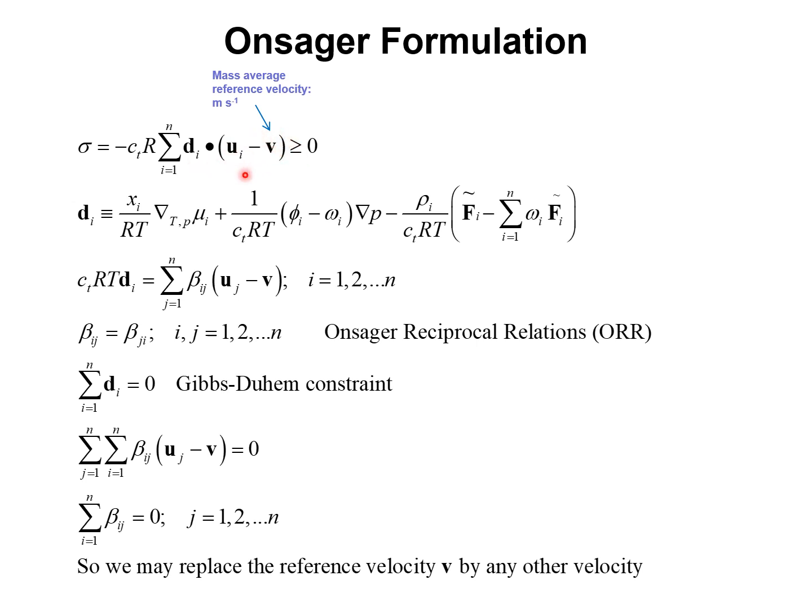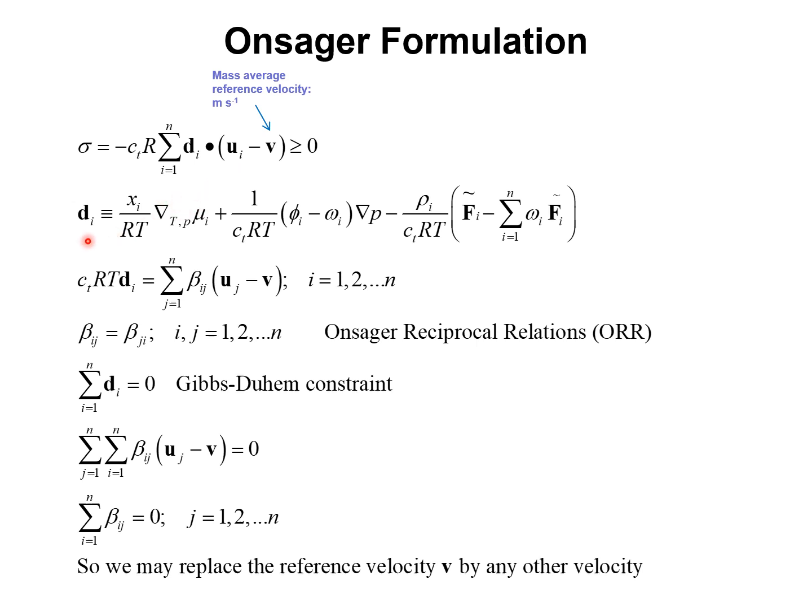The velocity differences between component i and the mass average reference velocity, if this term is multiplied by the molar concentration of species i, we obtain the molar fluxes. So essentially, the rate of entropy production is the sum of products of fluxes and driving forces.